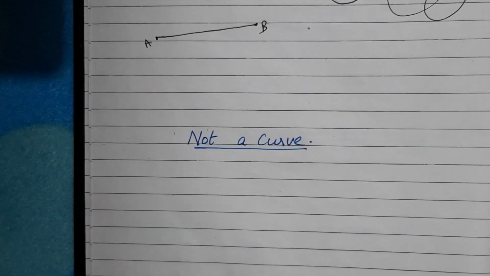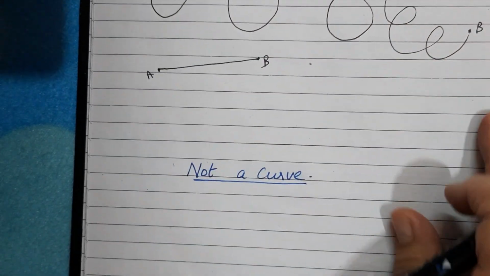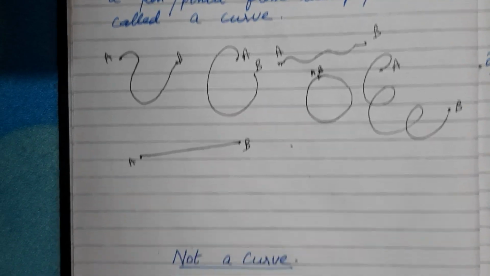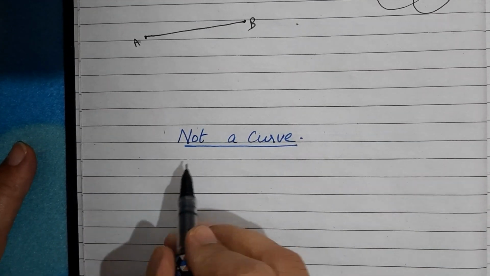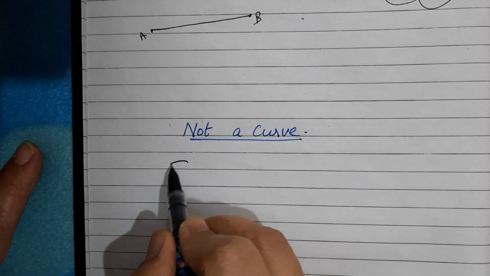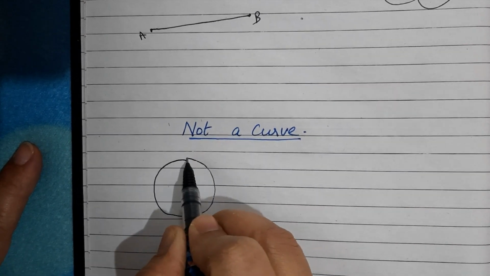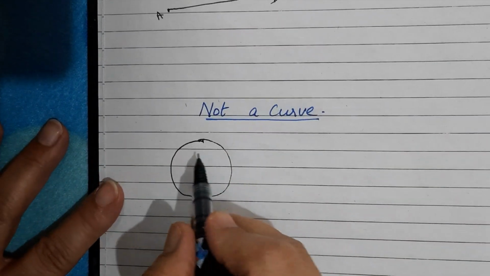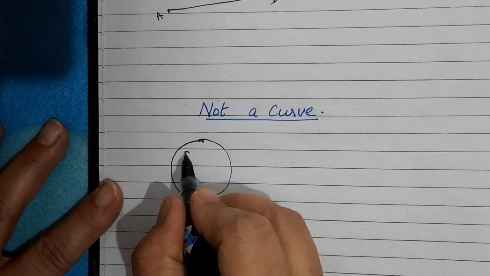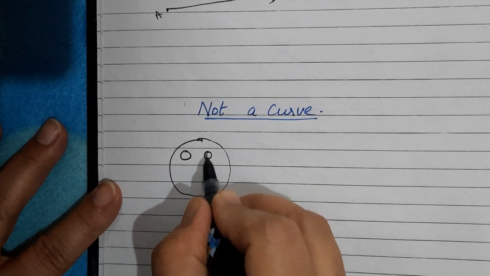Now, if all these are curves, then what type of figures are not curves? Now see, this is a circle, as I explained, this is a curve. Now I am converting this curve into a figure by drawing two eyes here.